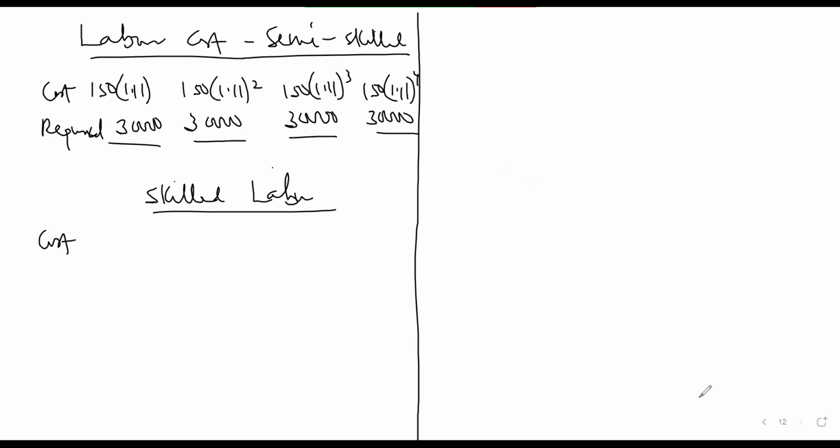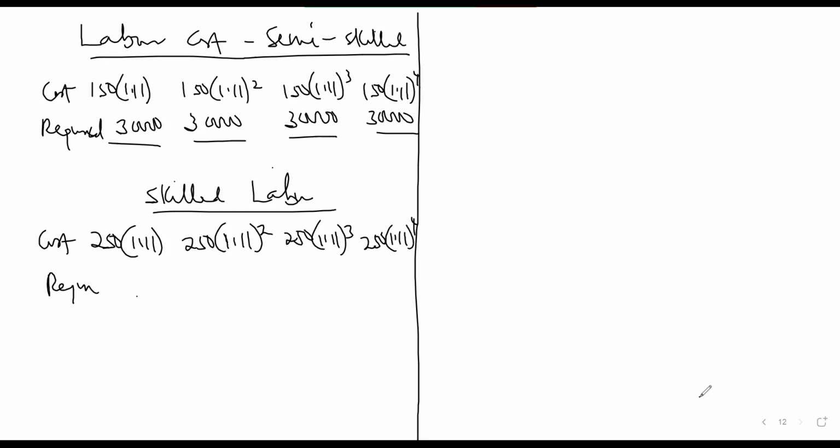So that will also be 250 into 1.11, 250 into 1.11 exponent 2, 250 into 1.11 exponent 3, 250 into 1.11 exponent 4. Then you count the hours required, which will be 10,000 hours each year. Then you multiply and get your answer.